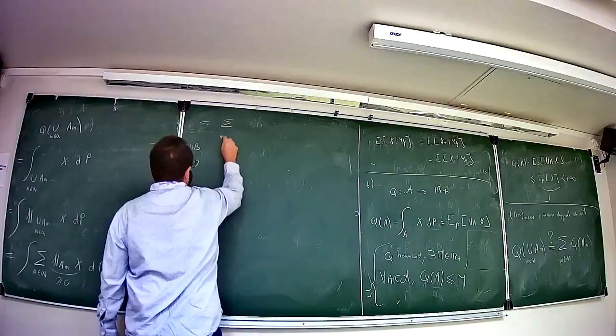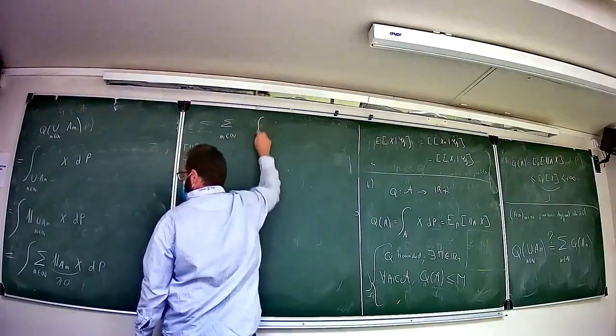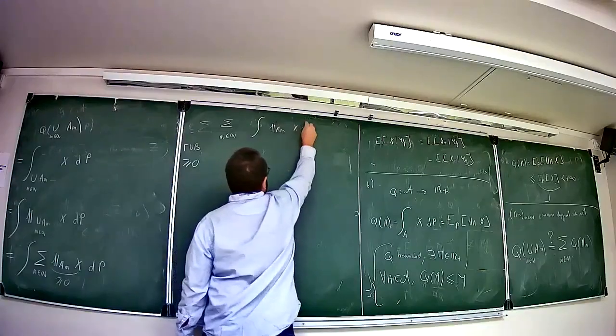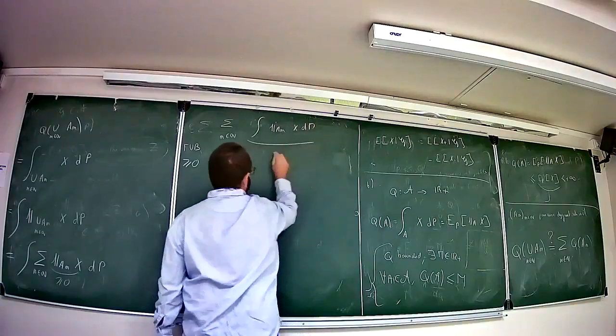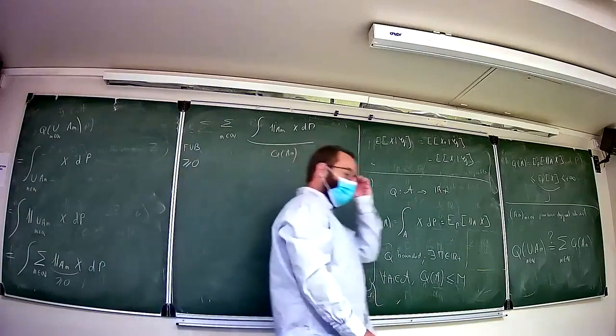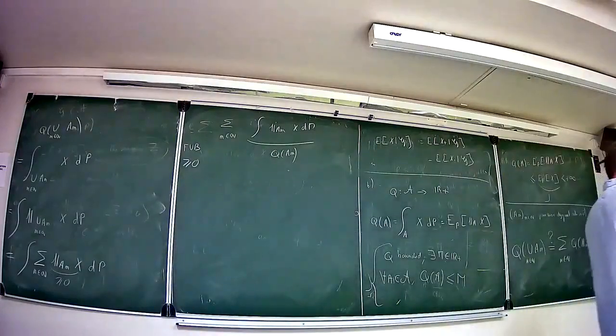It's the sum of the integrals. And here, by definition, it's just Q of A_n. So you have here something that is sigma additive.